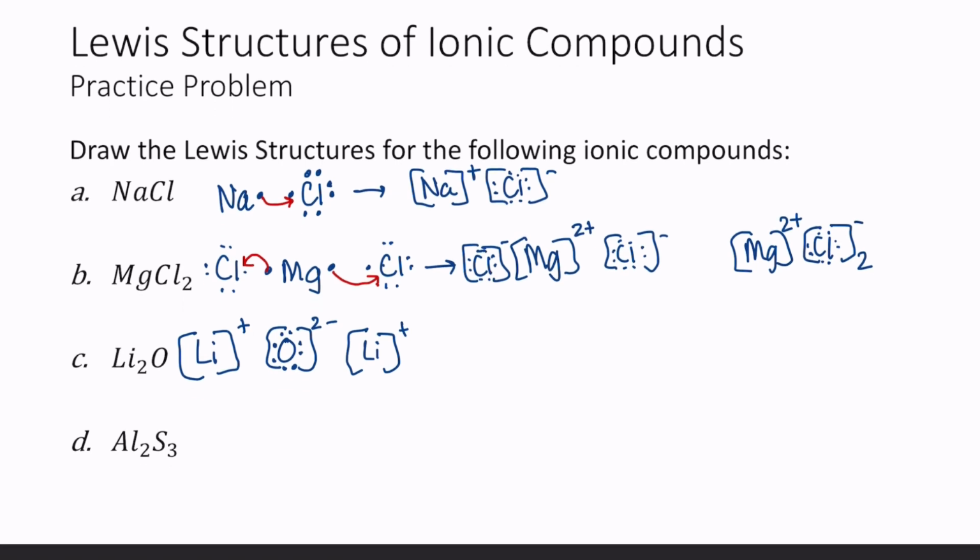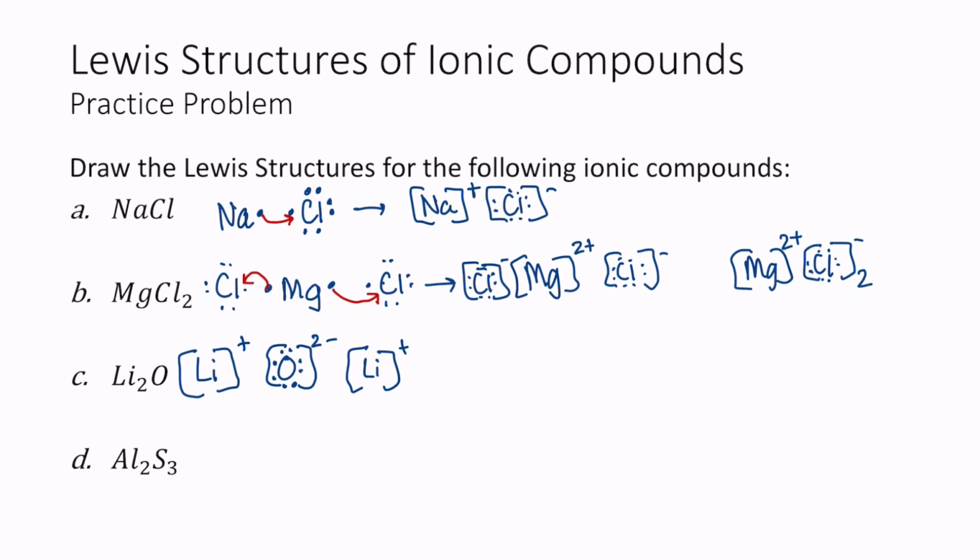I'm going to draw the aluminum first. We're going to have 2 of our aluminum, and aluminum is going to lose all of its electrons. It's in group 3, so it has 3 electrons. So it's going to have a 3+ charge. And then we're going to have 3 of my sulfides. So that would be the Lewis symbol for aluminum sulfide.